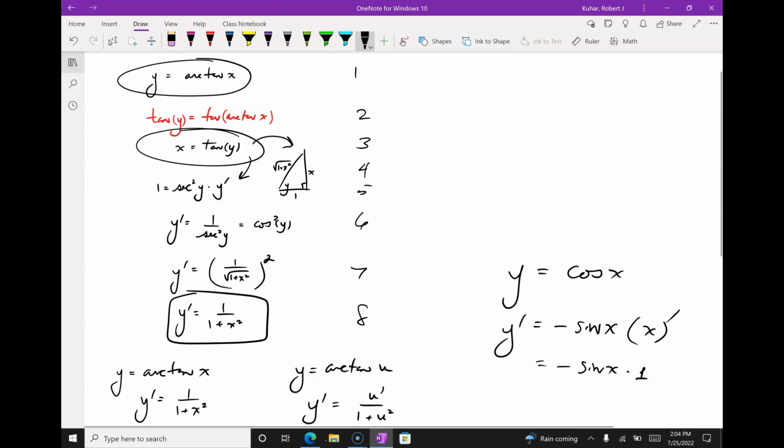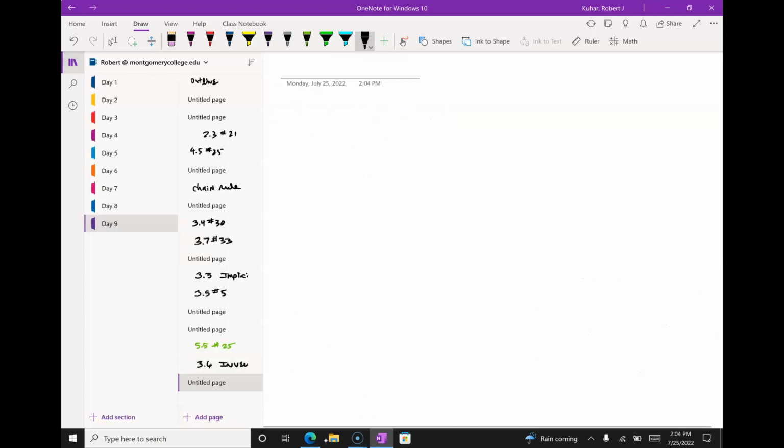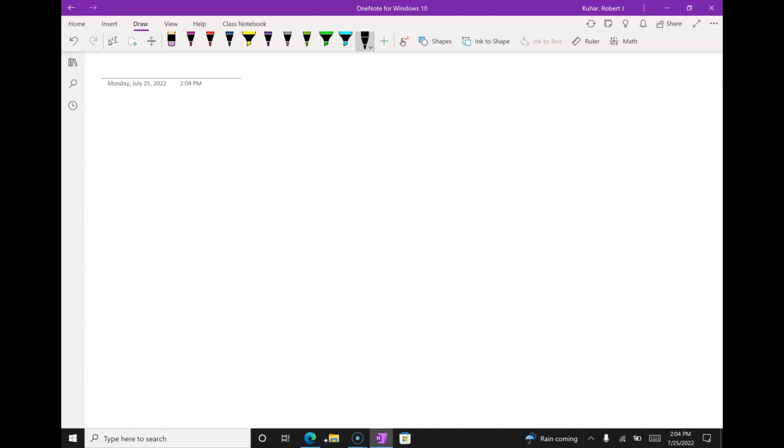All right, let's do a problem here. I like y equals the arctan of x squared. So we have our formula, right?